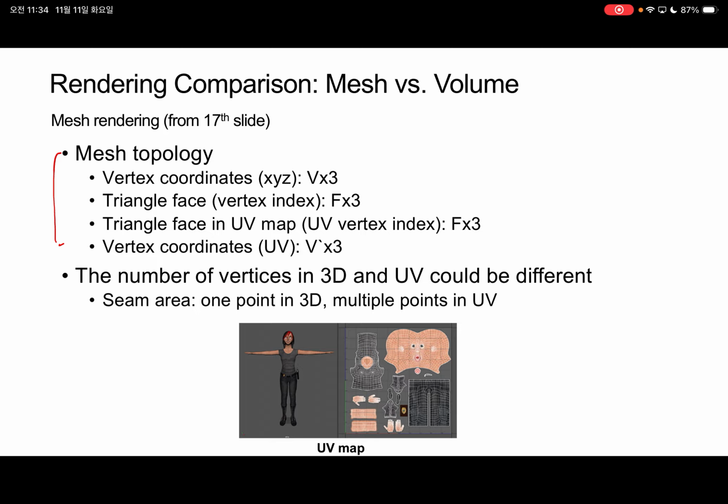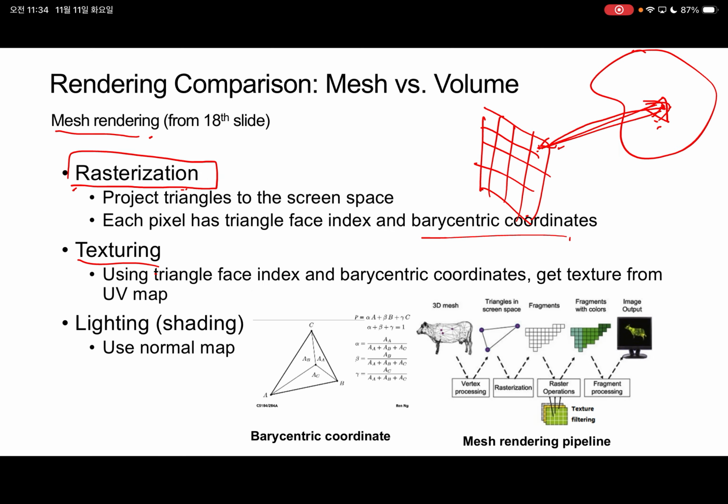So point cloud is not used for rendering. Gaussian splatting is based on point cloud, but the point cloud itself is not used for rendering because it is too sparse. So there are two rendering pipelines: the mesh rendering pipeline and the volume rendering pipeline. They are very different. Mesh requires a predefined topology and does rasterization and texturing based on the UV map.